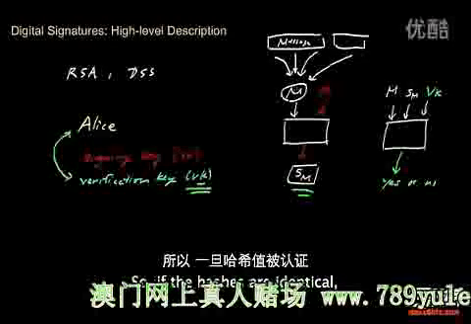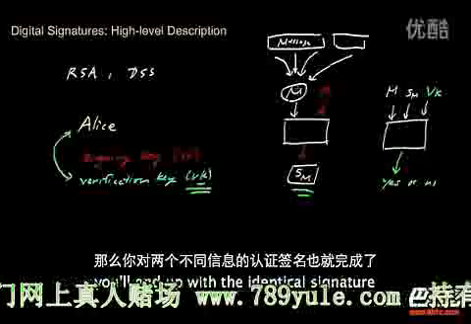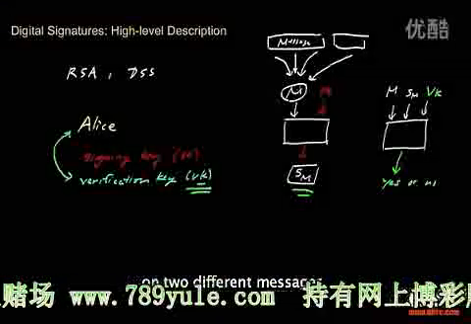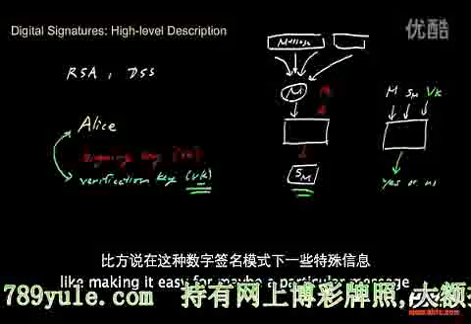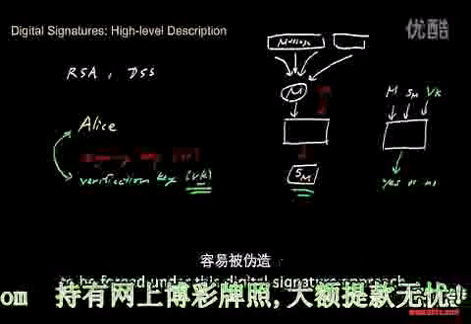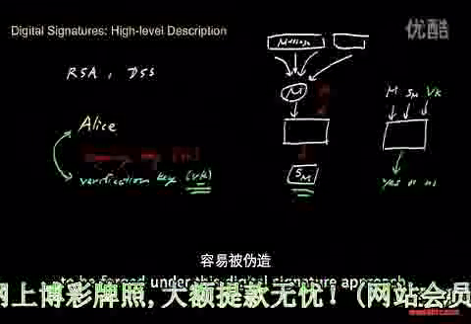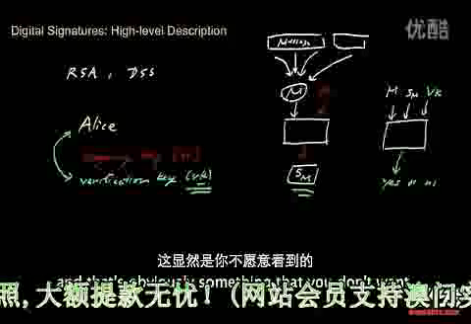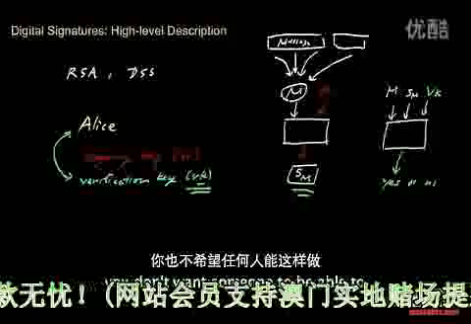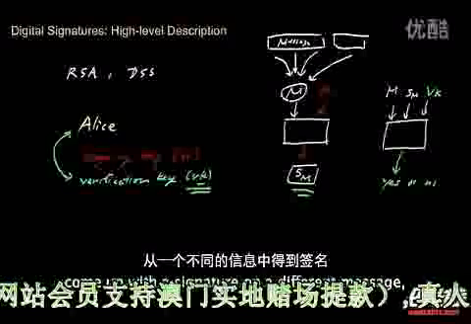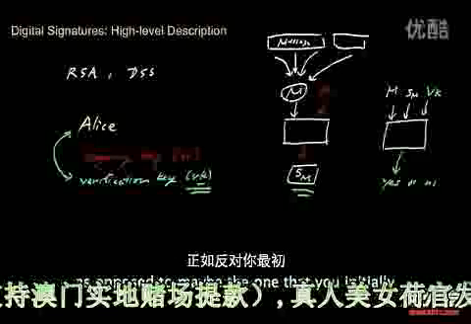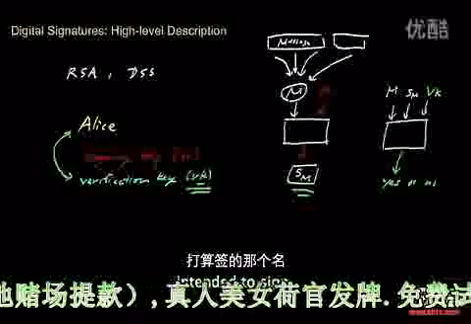So if the hashes are identical, you'll end up with the identical signature on two different messages, and that could create problems like making it easy for a particular message to be forged under this digital signature approach, and that's obviously something you don't want. You don't want someone to be able to come up with a signature on a different message as opposed to the one that you initially intended to sign.